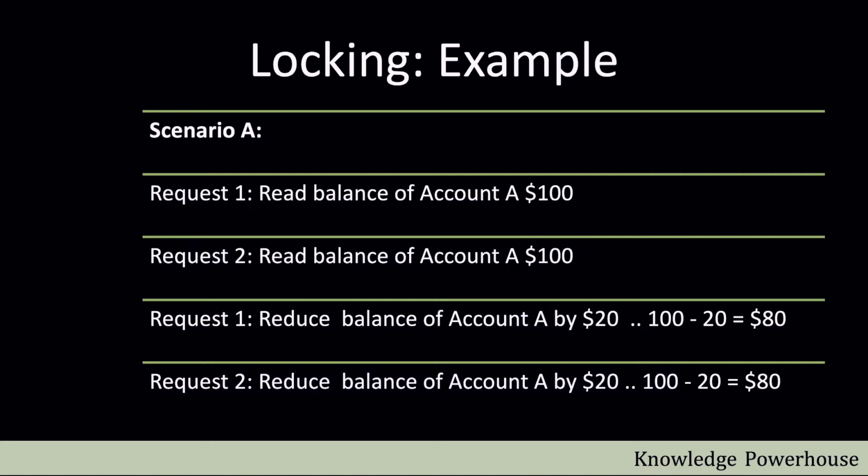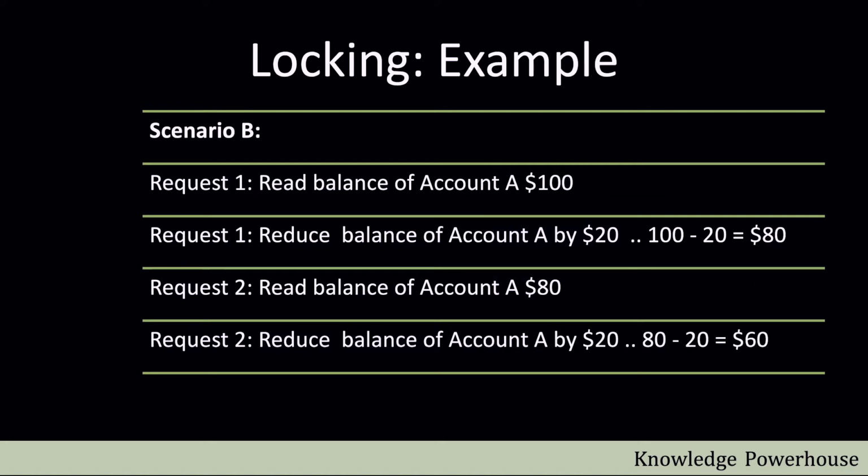The second request also read $100, so it also reduces it by 20 and makes it $80. So both requests read $100 each and reduced by $20. But overall in the system, we reduced $40 and still the balance of A is $80. Ideally it should be $60. So there is a place where we made an error.